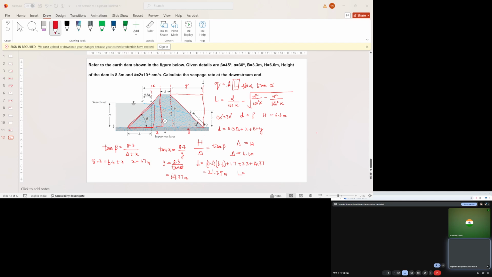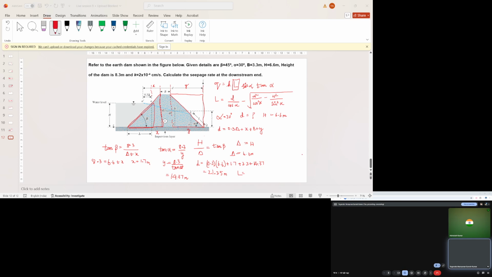Use the units properly. Q is 0.21 into 10 to the power minus 6 meter cube per second.